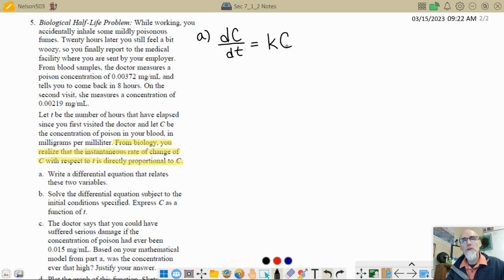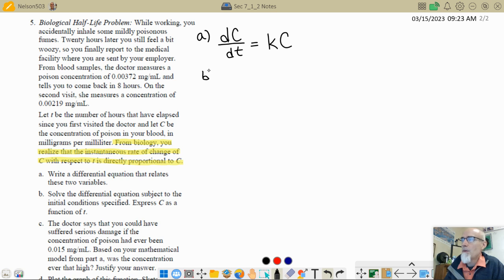So the higher the concentration level, the faster that it's breaking down, because there's a lot of it to break down, and according to this rule, it's decreasing faster when the concentration level is higher. Okay, so done. We've done part A. It says write the differential equation that relates the 2 variables. So the rate at which the concentration level is changing is directly proportional to the concentration level.